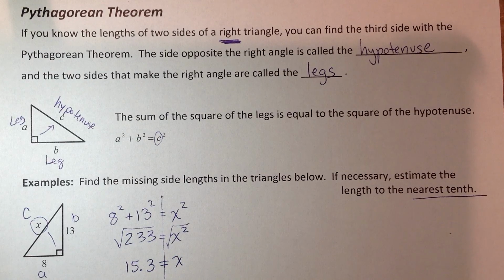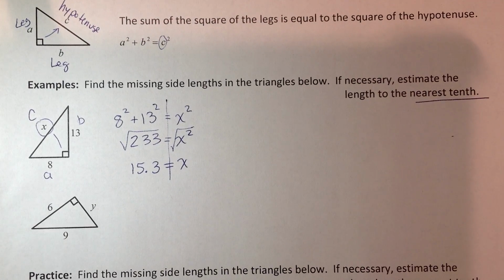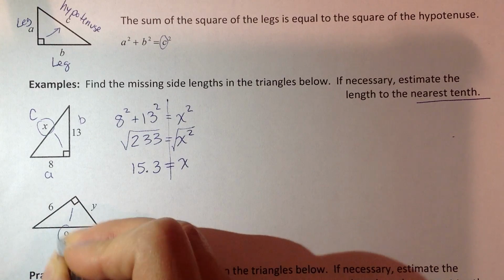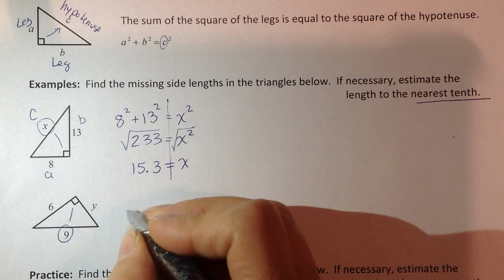If you think you've got this and you want to hit pause before I do the next one, you could. The next one is a little different though, because this time, notice, we have the hypotenuse. So the algebra in this, the solving, will be slightly different.